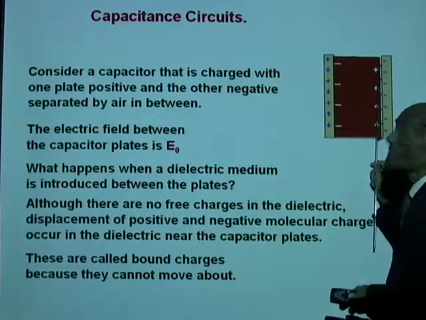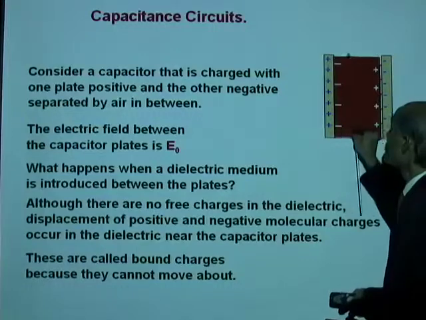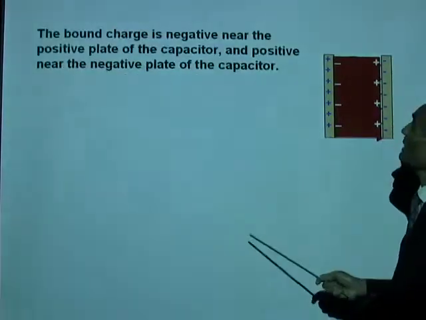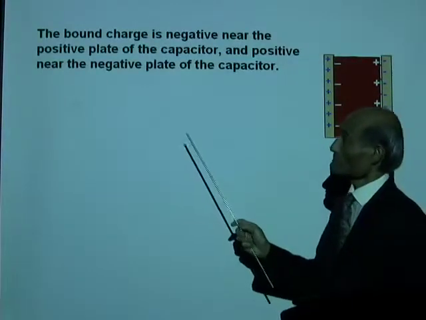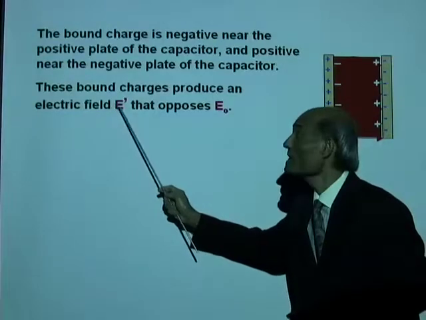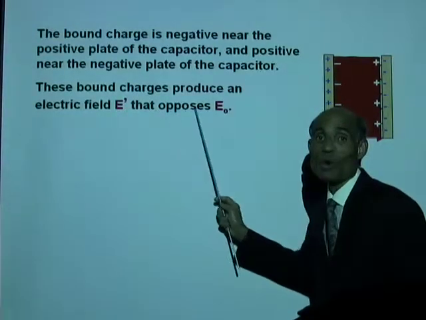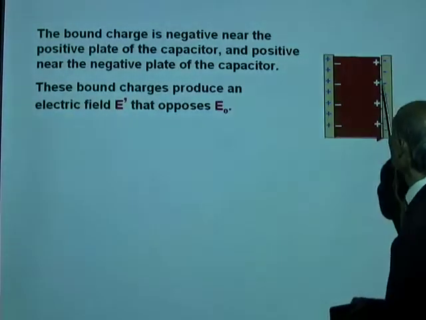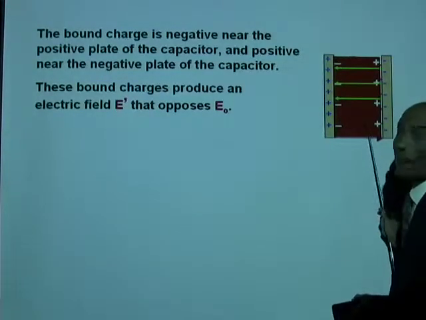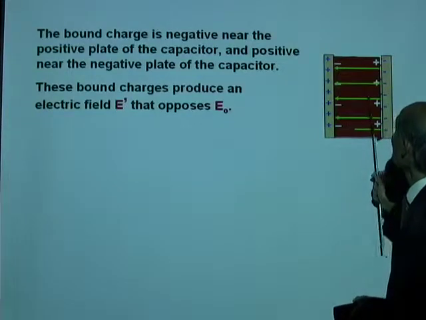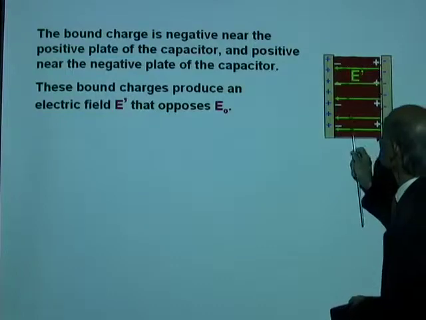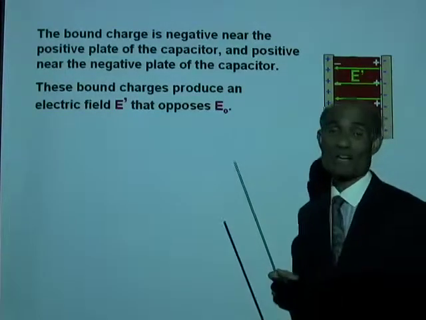When the dielectric is introduced, these bound charges produce an electric field in the opposite direction. These bound charges produce an electric field E prime that opposes E0. Here I have represented that E prime by these yellow lines.